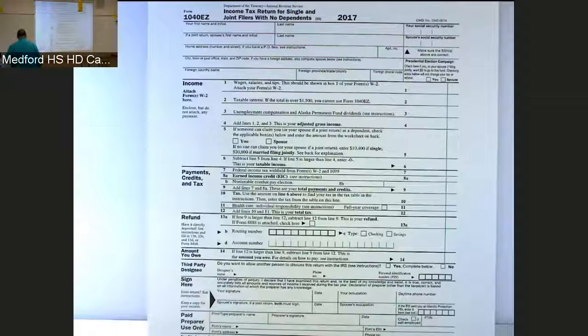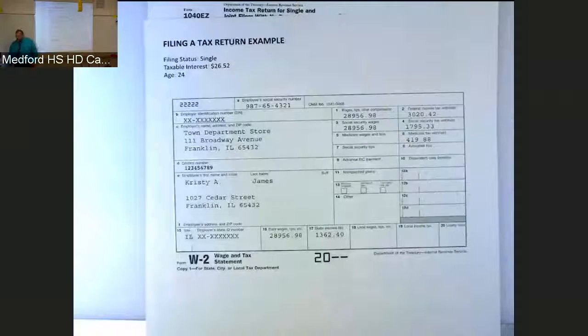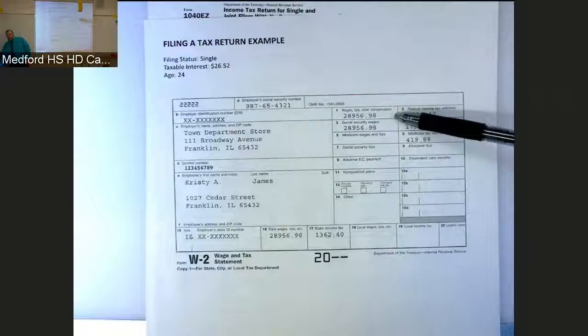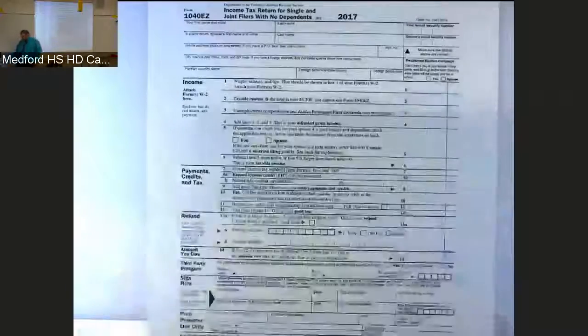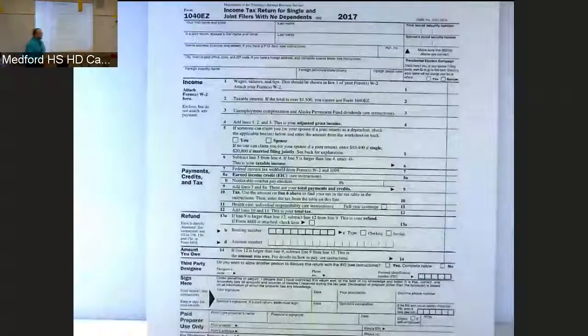Okay, but if we take a look at the actual form, start with line 1. Line 1 says wages, salaries, and tips. This should be shown on box 1 of your W-2 form. So if I pull that W-2 form back up, it says look in box 1. There's box 1. There's your income. Now, when you're listing your income, the income amount here is $28,956.98.